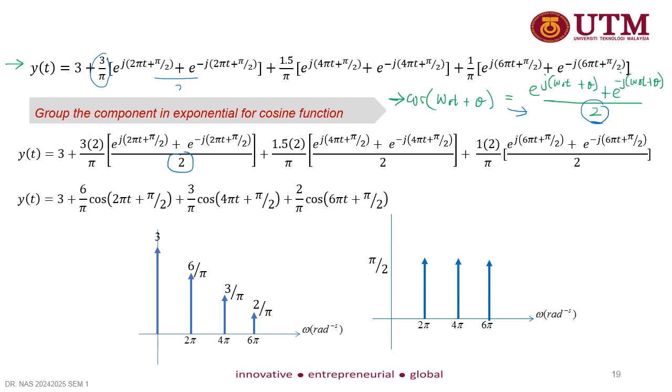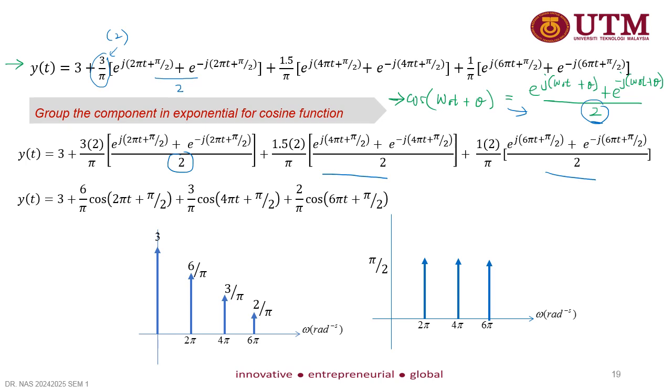So in order to get it divided by 2, you need to multiply here by 2. The same goes for the second component and the third component. So you have the equation already in cosine shape, but still in exponential form. Now you convert everything into cosine function.